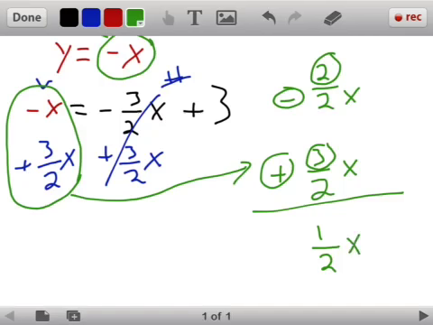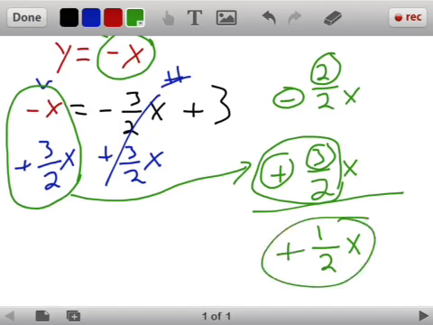Now the question is, should it be a positive half x or a negative half x? You also learned in 7th grade that whenever you're adding and subtracting, you look to see what you have the most of. And in this case, I have more positives because 3 halves is more than 2 halves. So this should be a positive 1/2 x.